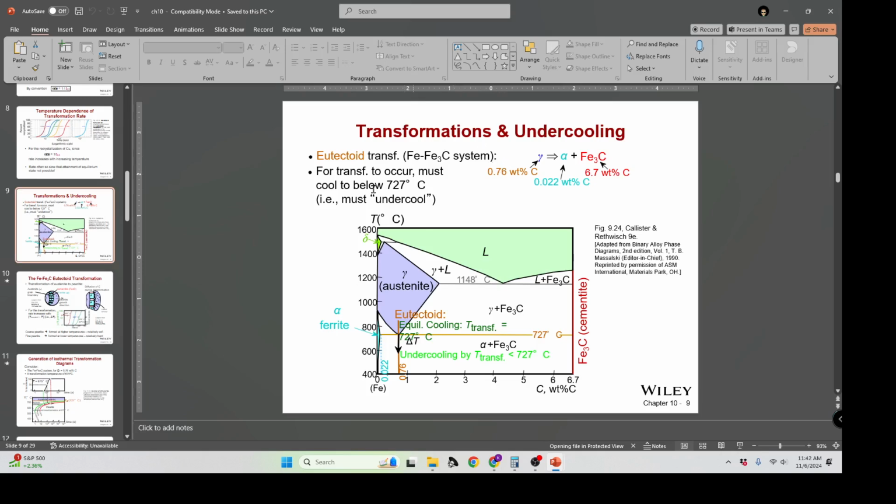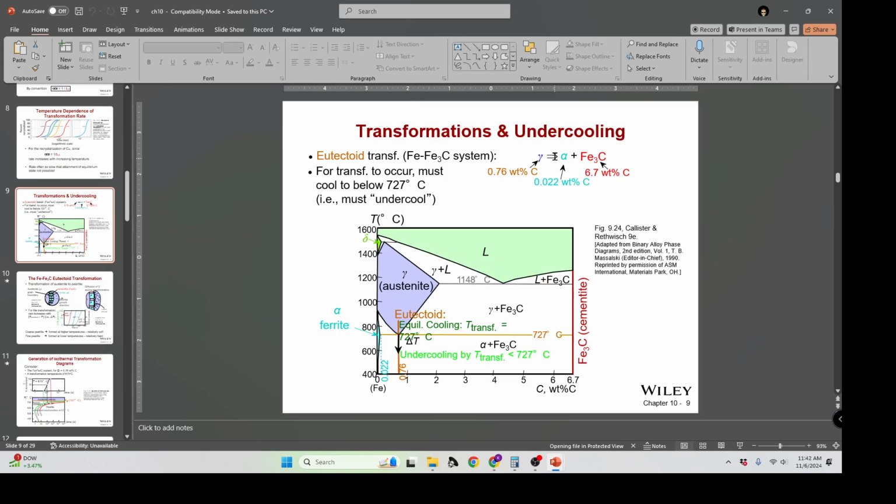The eutectoid transition here is, we're able to undercool below that temperature, and we can see what our composition looks like.